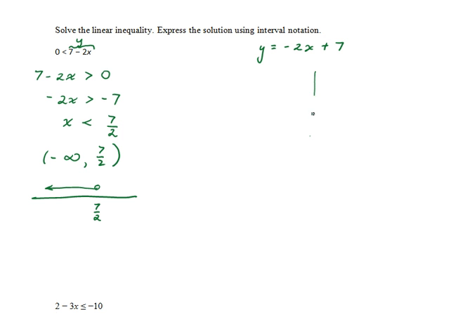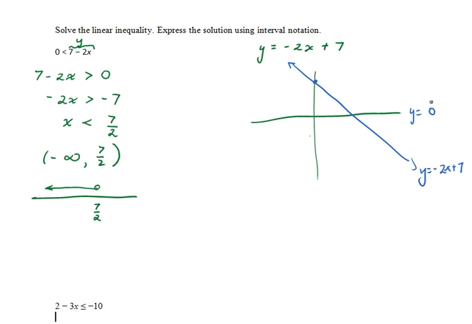Well, we know that the graph of y equals negative 2x plus 7 crosses the y-axis at 0, 7 and has slope negative 2. So its graph would be something like this. And so this is y equals negative 2x plus 7, and this is y equals 0.